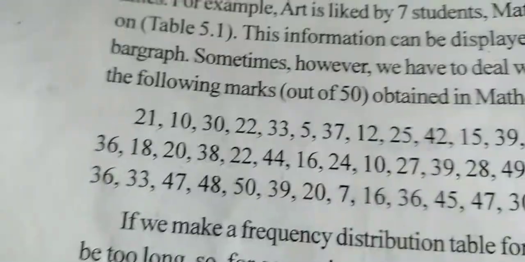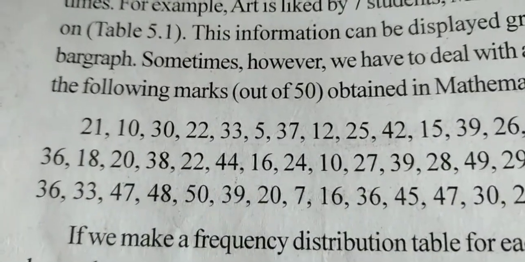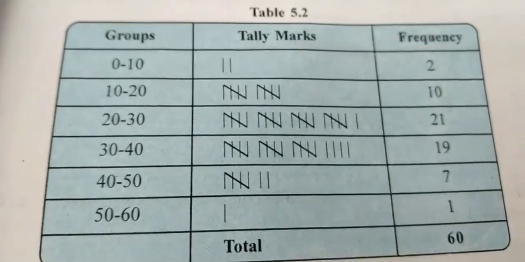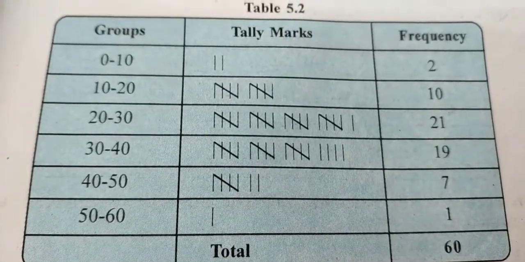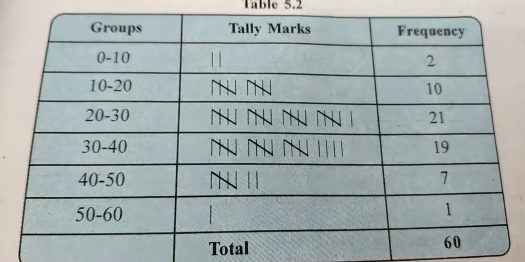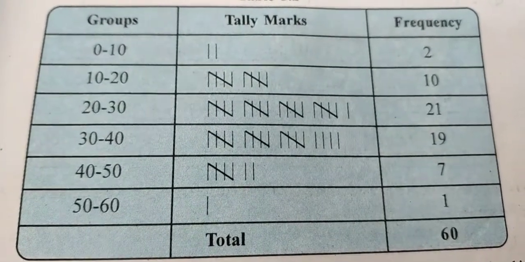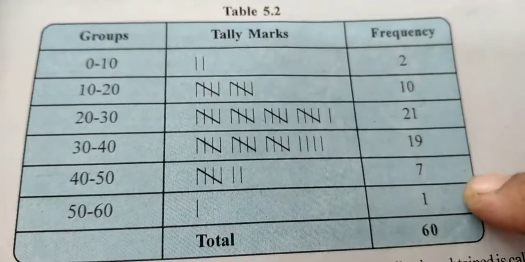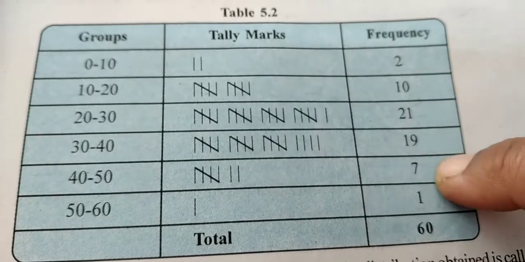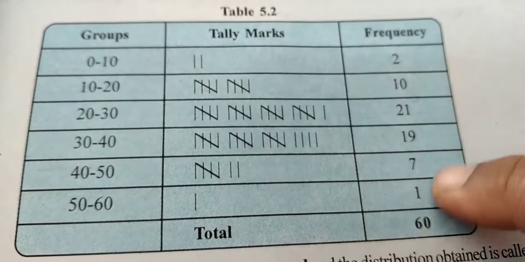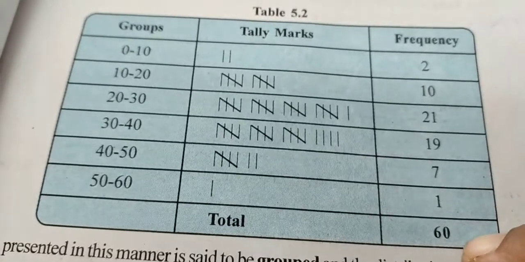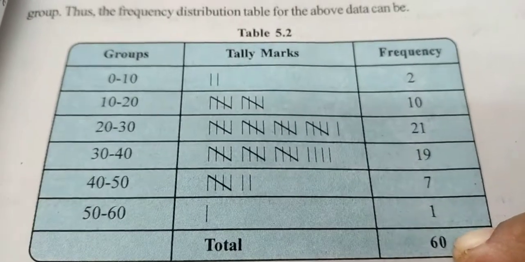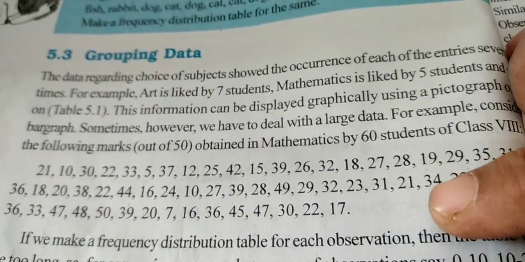While taking the tally marks, you have to be very careful. You have to go through each and every data. Though preparing a frequency distribution table is very easy, you have to be careful while you tally the data or information given in it. And then you count, write the numbers over here as per the tally marks, and when you add up, that should be equal to the total frequency given for the given information.